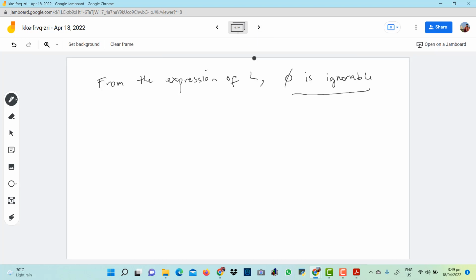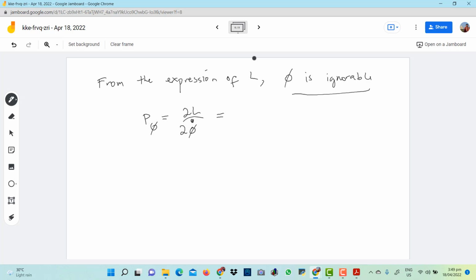So we have phi is ignorable, and when you say ignorable phi, it means that the momentum p phi, you can write equal to this one: partial L with respect to phi dot, which is just equal to a constant.